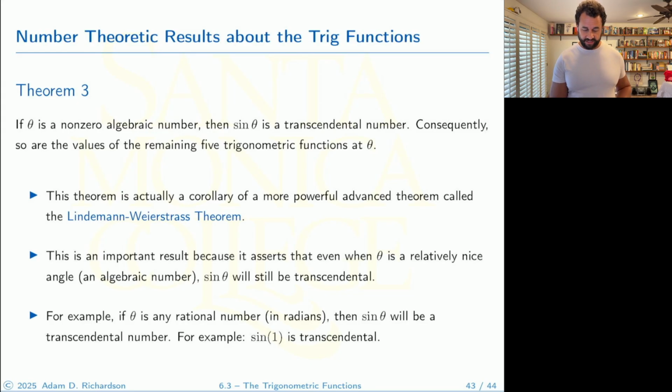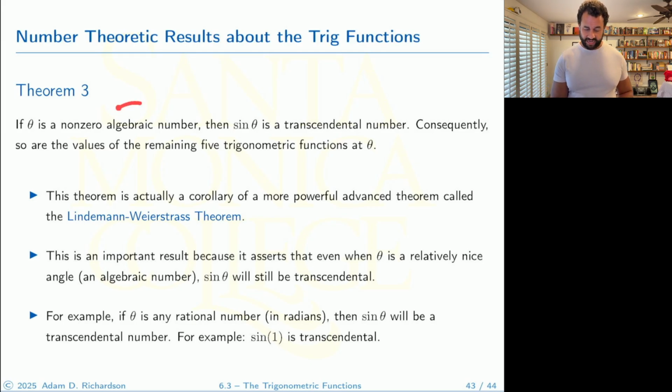If theta is a non-zero algebraic number, then sine of theta is a transcendental number. So what that means is if your angle is an algebraic number, so relatively nice, then the output of sine at that angle will be transcendental, which is kind of wild.